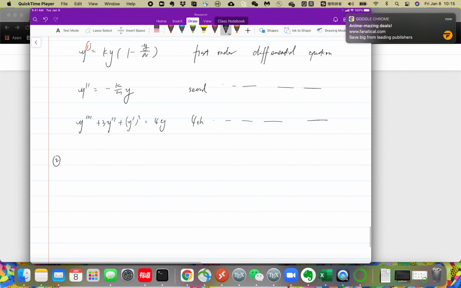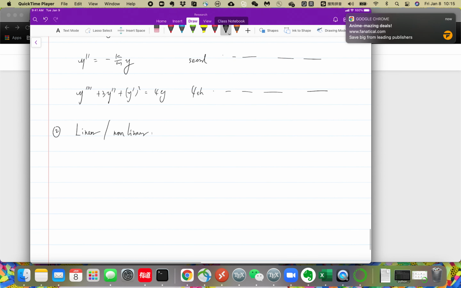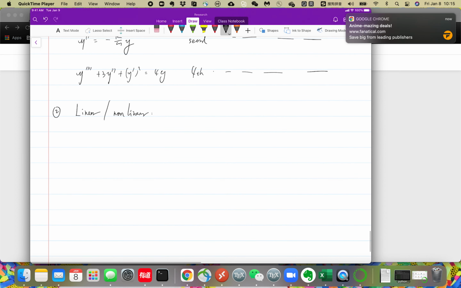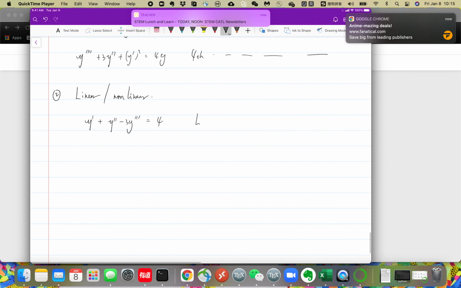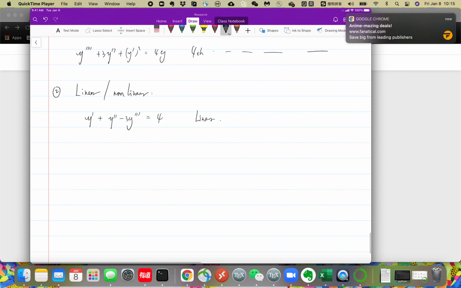Second, you want to differentiate between linear and nonlinear differential equations. Linear basically means all the derivatives have a linear relationship. For example, y prime plus y prime prime minus 3y prime prime prime equals 4. Linear. What do you mean by nonlinear?